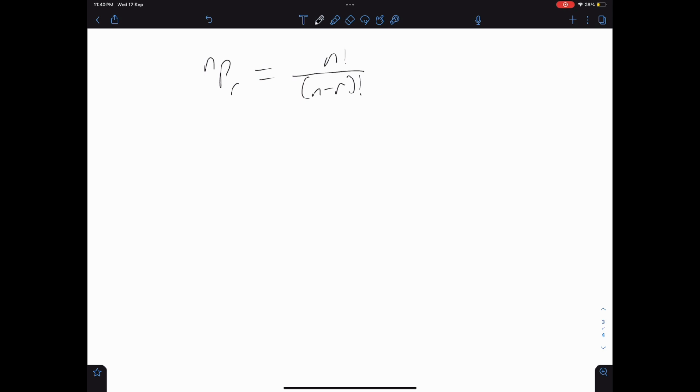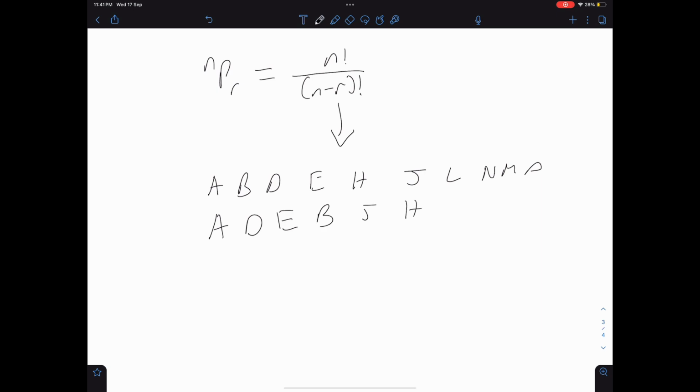Just imagine we have R things, like A, B, D, E, H, J, L, N, M, P. If we were to change the order slightly, these are the same combinations.